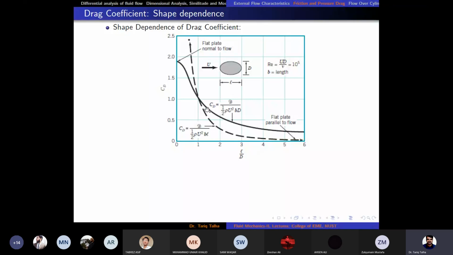But when we increase the length, it means that we are making a streamlined body, so the coefficient of drag reduces. Generally we know that if the body is thin, then the drag force on it would be less.